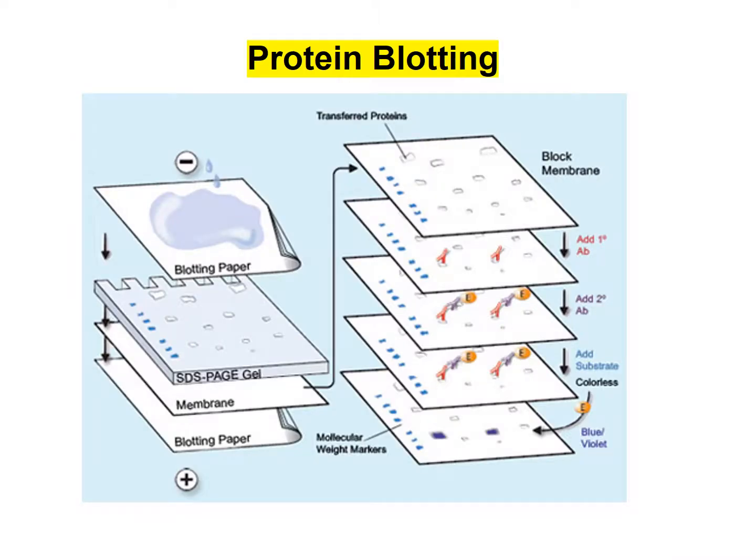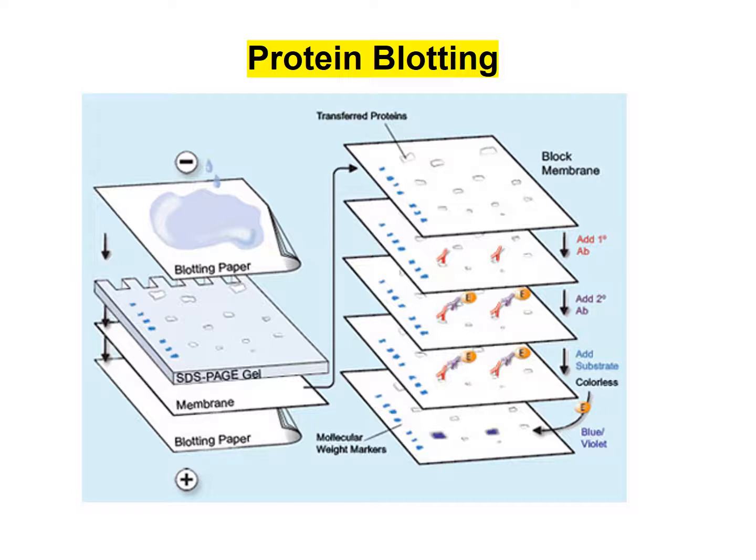And here's just a little bit deeper protein blotting. Here's the blotting paper. And here is the membrane, and notice that the proteins with negative charge will move to the positive pole. There they are.